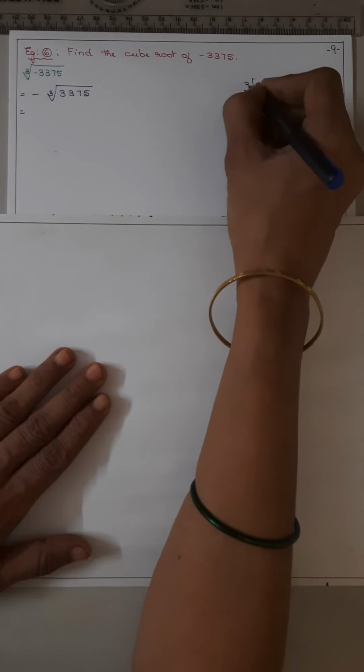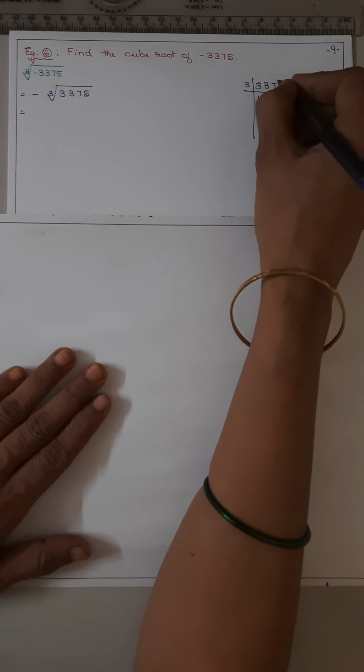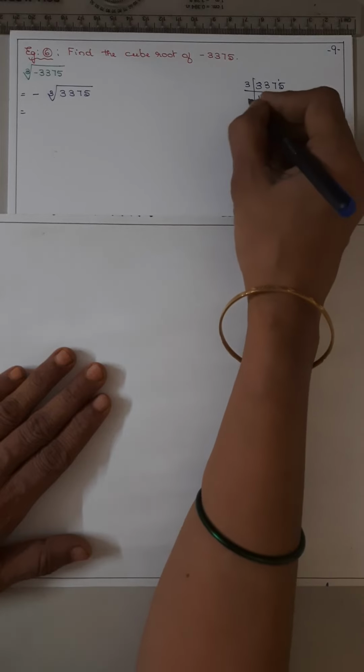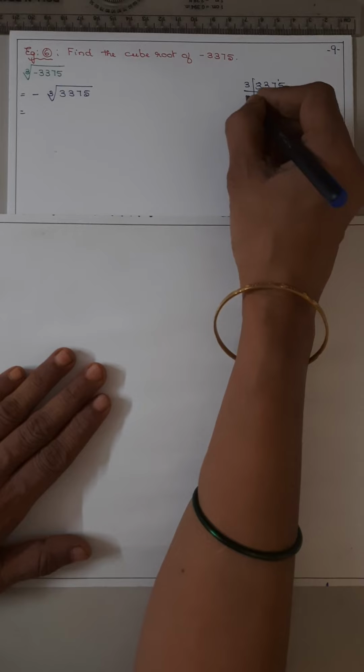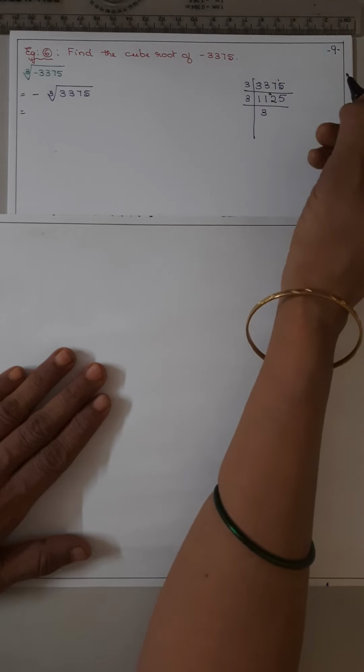So 3 1s are 3, 3 2s are 6, 1 remains, 3 5s are 15. Now 5, 7, 8, 9. Yes, 3 3s are 9, 2 remains.